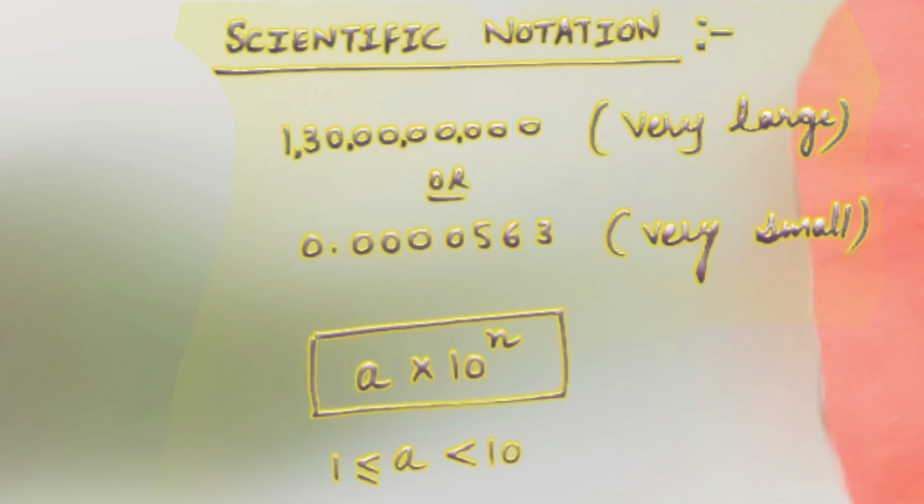Means a number can be written in the form of a multiply 10 raised to power n, and the value of a will lie between 1 and 10, means the value can be equal to 1 but less than 10. The value will vary between 1 and 10 only.